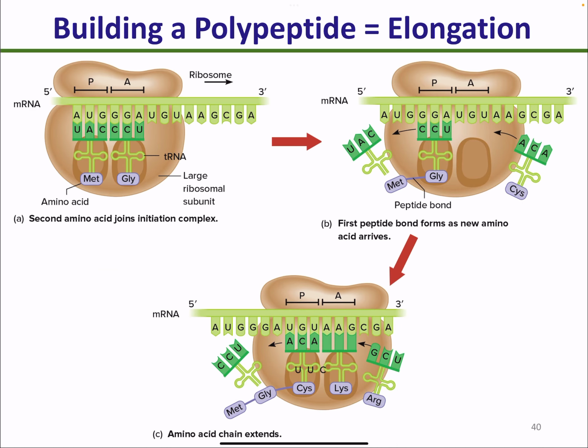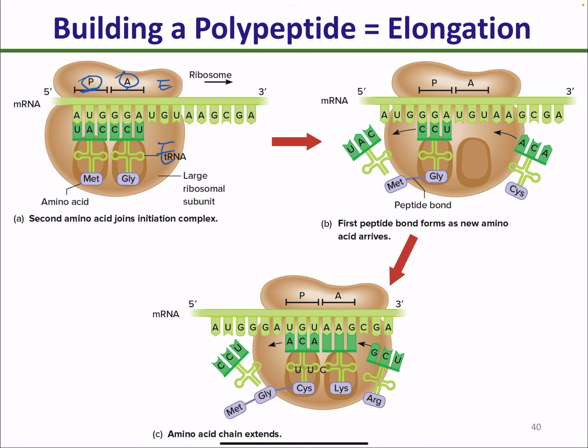Now that the large subunit has come and bound, what we notice is that in the ribosome, we are going to have now what we call a P site, an A site, and there is a next site, the E site, okay? The P site is the site that carries the growing polypeptide.